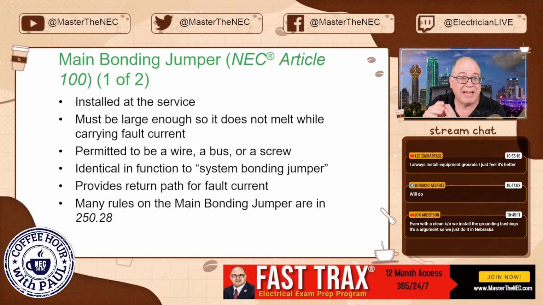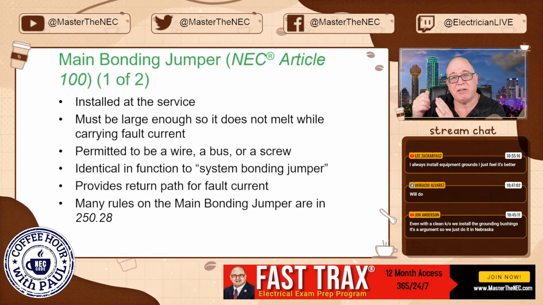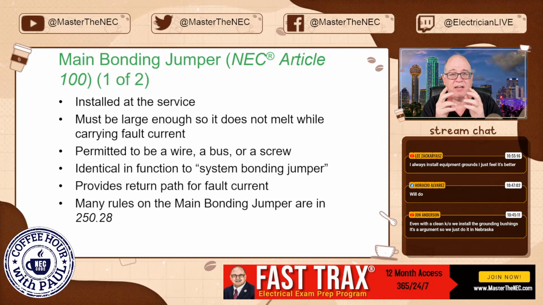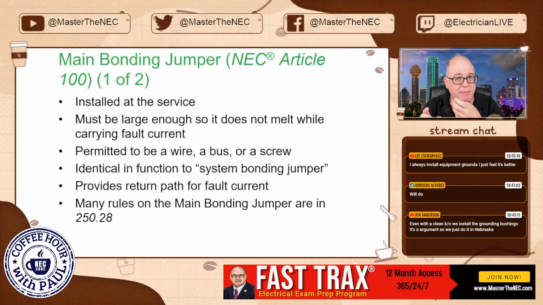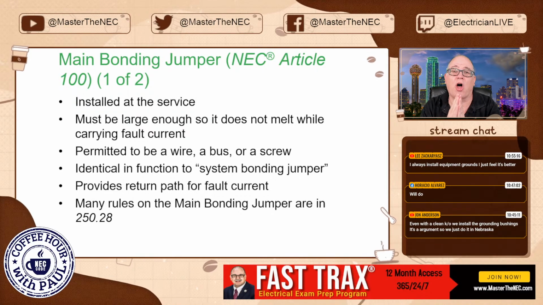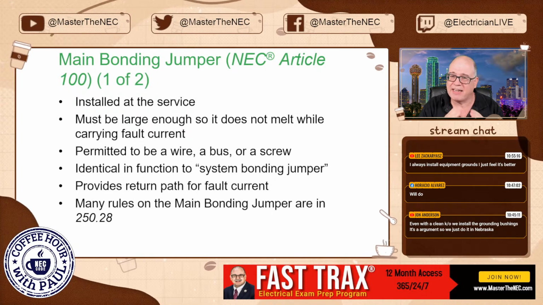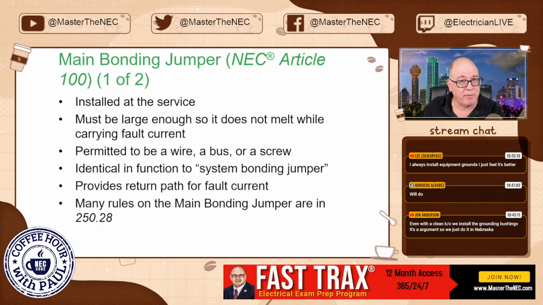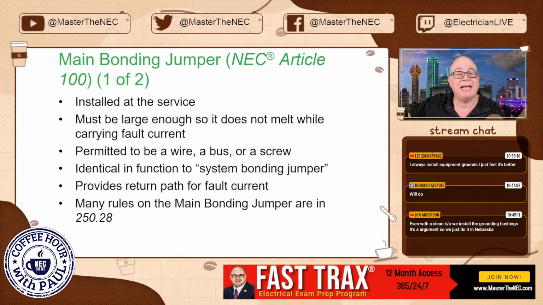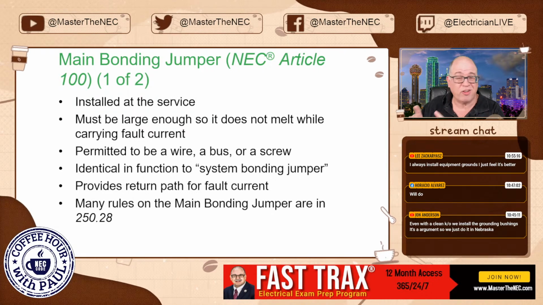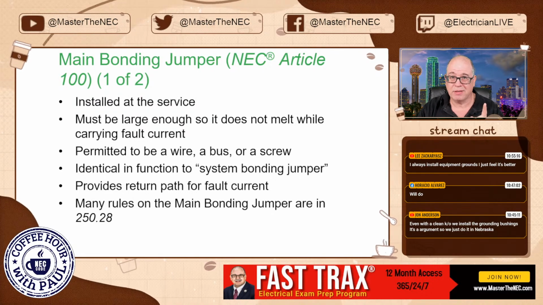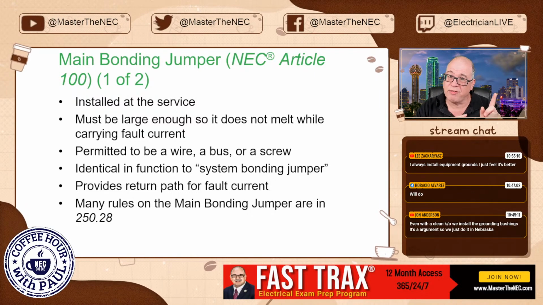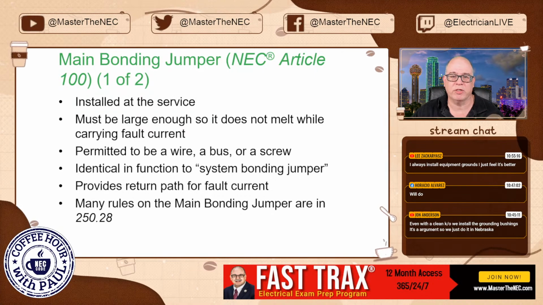Now, you might use that screw to connect an equipment terminal bar to the cabinet, but you have to make sure that you're not making a connection between the neutral and the cabinet. But at the end of the day, to call it a main bonding jumper, that takes place in the service, okay? Now, in a separately derived system, that's called a system bonding jumper. Essentially, it serves the same role, but it's called differently, okay? So at a service, main bonding jumper is what we're doing, okay?